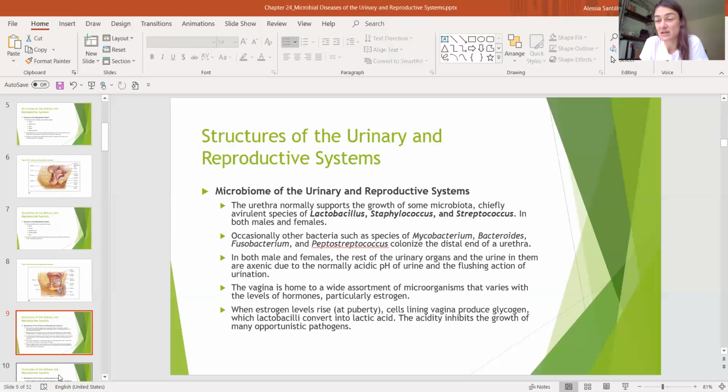Any place you have openings in your body, you're going to have some bacterial growth, but there's really not as many as in the vaginal reproductive tract. Occasionally, other bacteria, such as species of Microbacterium, Bacteroides, etc., can colonize the distal end of the urethra.